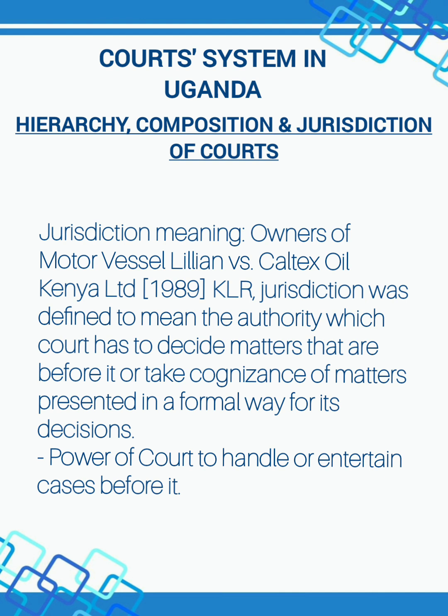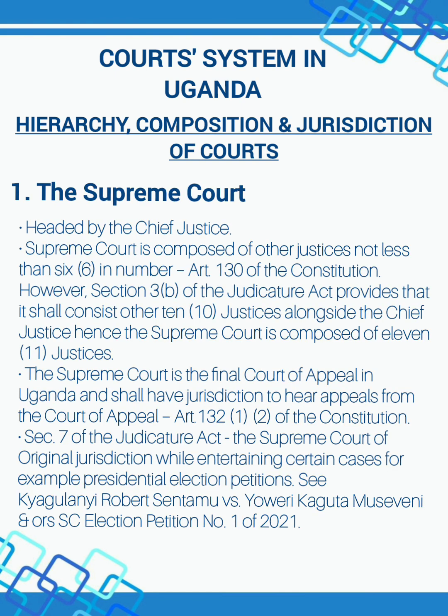So let's look at the jurisdiction of the courts we have in Uganda. We're going to look at the jurisdiction together with the composition, together with the hierarchy. What comes first? Let's look at the Supreme Court of Uganda. The Supreme Court of Uganda is headed by the Chief Justice, currently Justice Alphonse Owinyedolo, right?